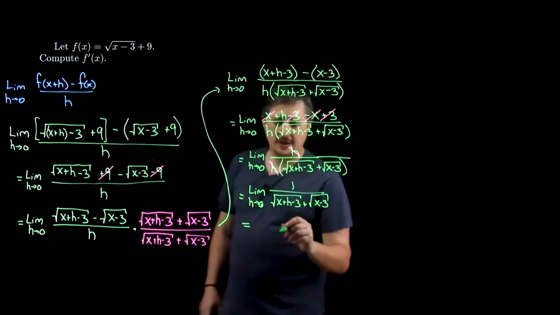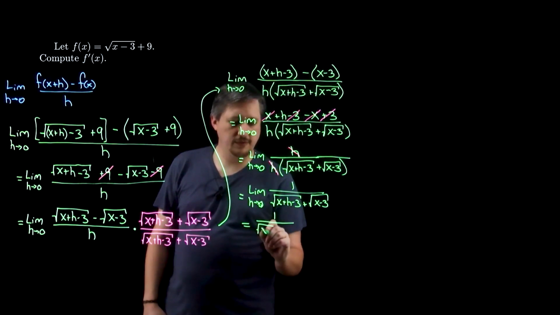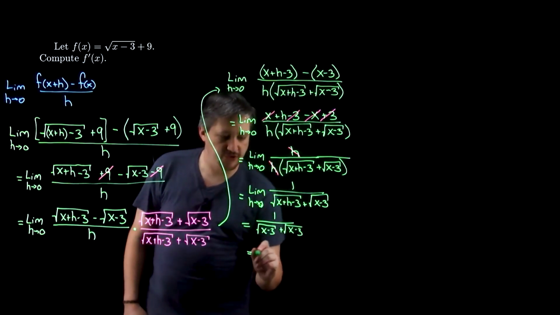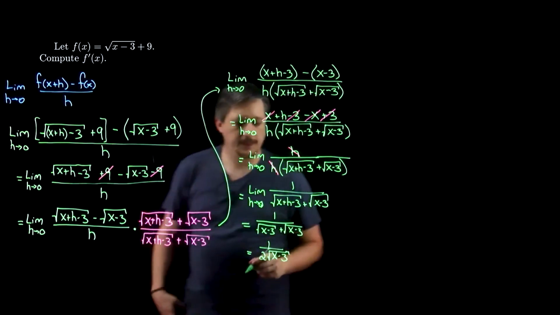This is good news. So I'm going to end up with 1 over square root of x minus 3 plus square root of x minus 3, which is really just 1 over 2 times the square root of x minus 3. Okay?